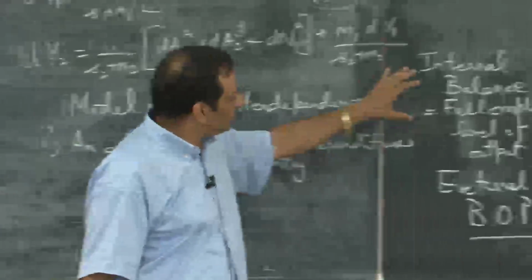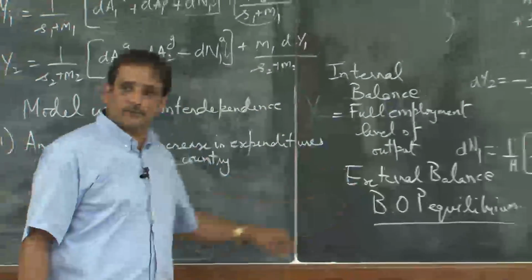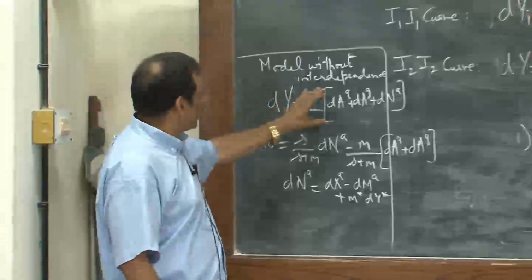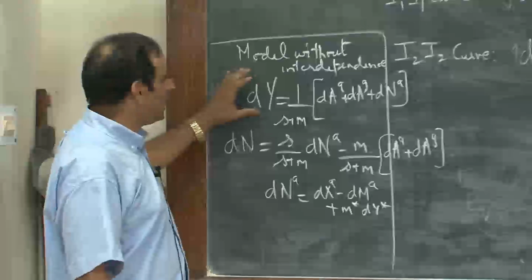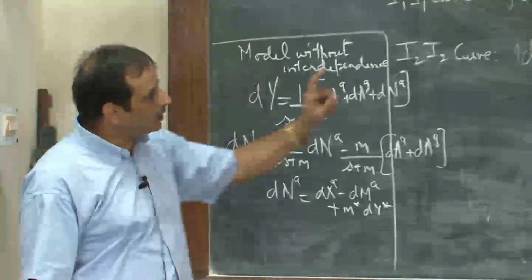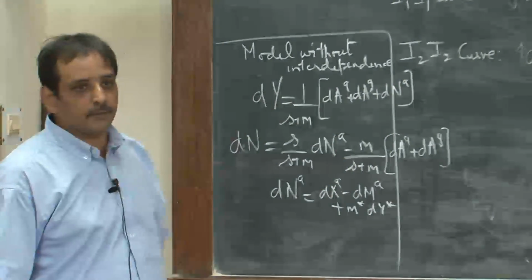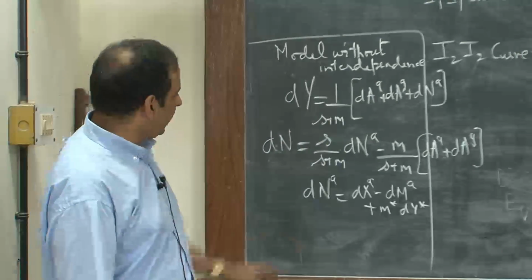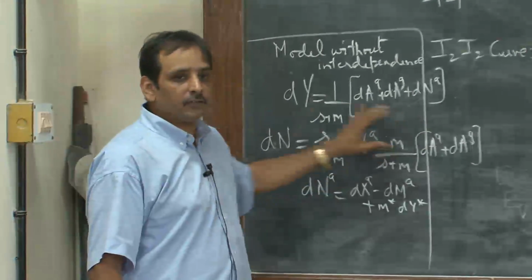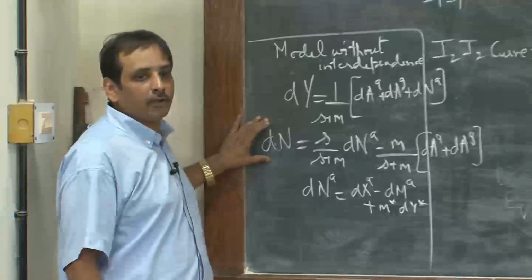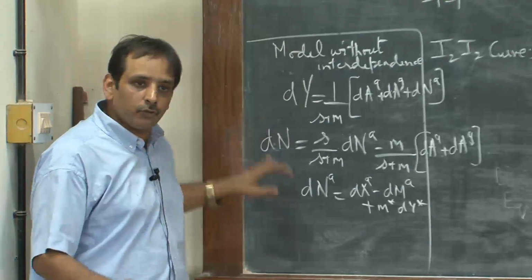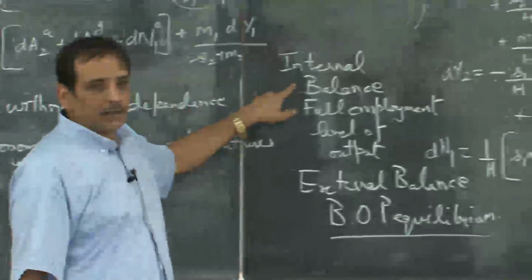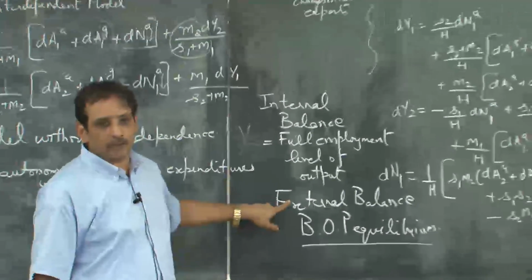How it impacts the internal and the external balance. Given a model without interdependence, you already know that if the expenditures go up, the incomes go up. So your internal balance gets affected. You see an inflation in the economy. But then the increase in expenditures also tends to deteriorate your current account balance. So you see a deficit in the balance of payment.